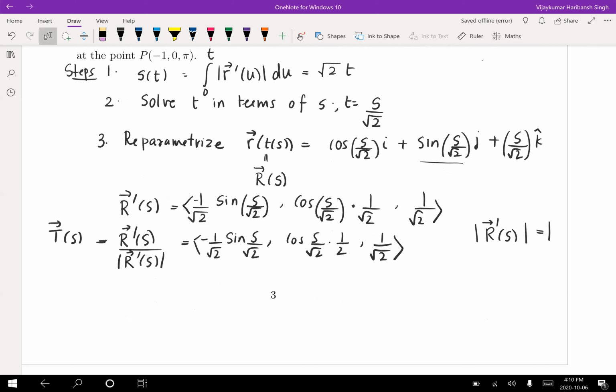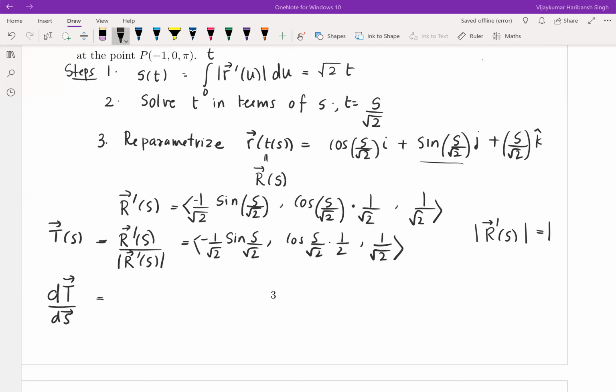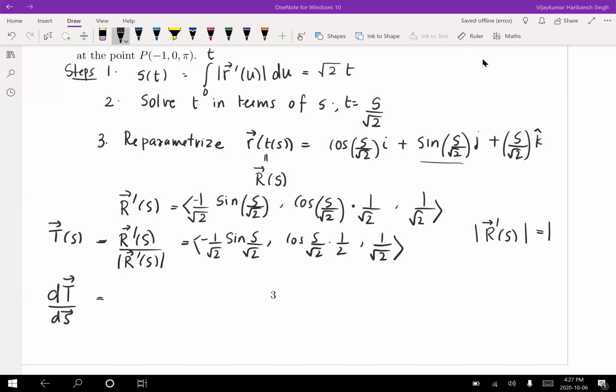Now we have to take dT by ds, the derivative of this with respect to s. Note that since we are parameterizing based on arc length, the length of r prime of s will have to be 1 anyway.